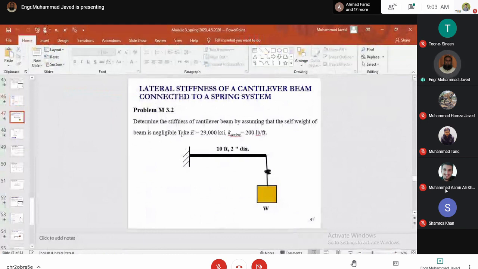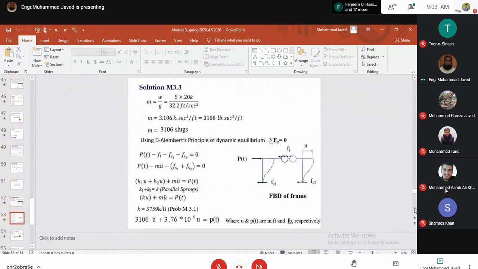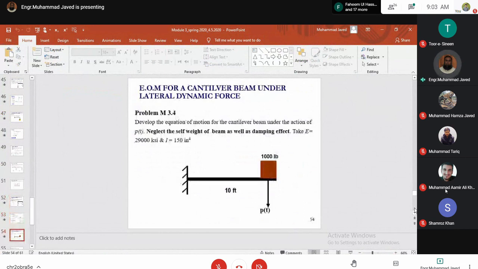Now the equation of motion in problem 3.2, we will find the equation of motion for the system. Develop the equation of motion for the cantilever beam under the action of P of t.